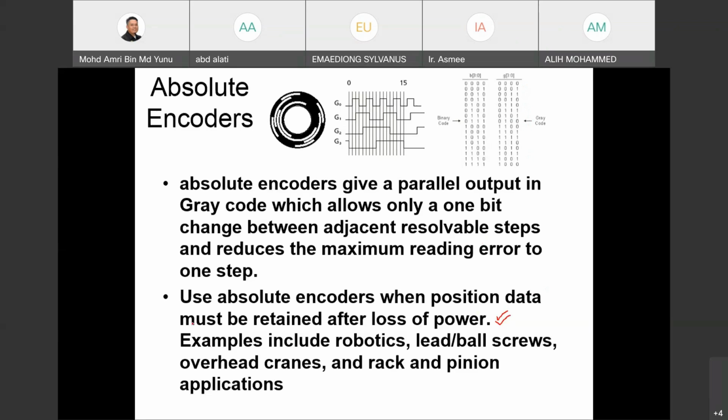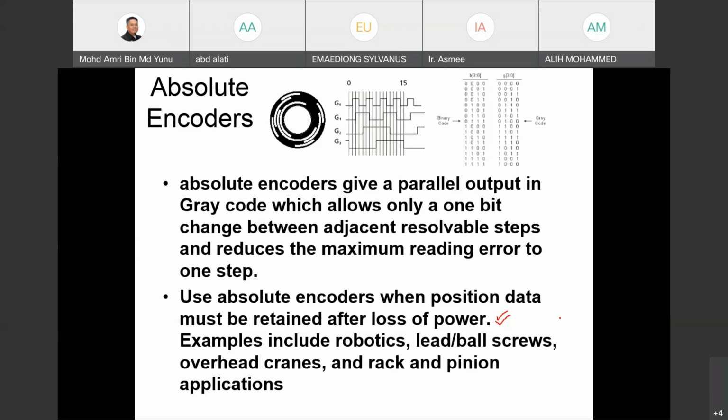So the encoder is used when position data must be retained after lost power. It means that, especially in a device when there's a total shutdown, when the power comes back, the system knows the actual current position and can make a strategy to return to the original or default position, like a robotic arm, for instance.